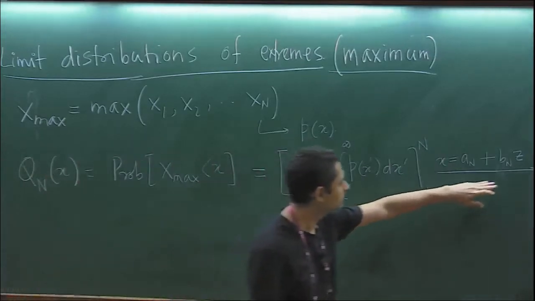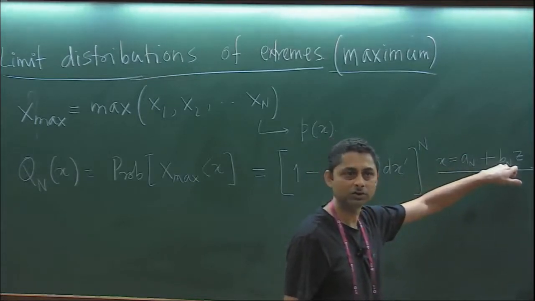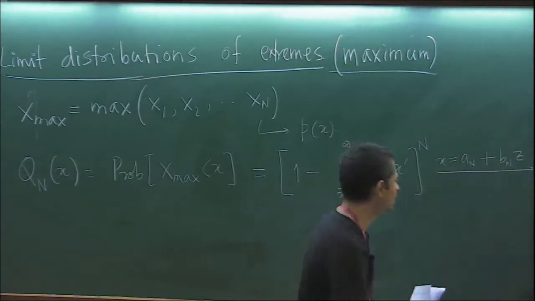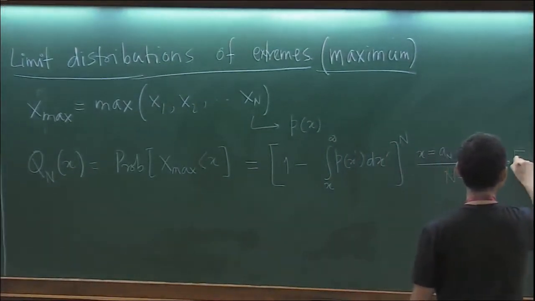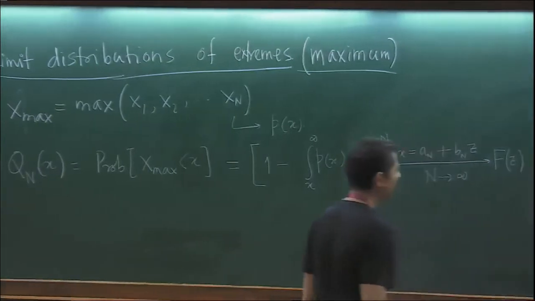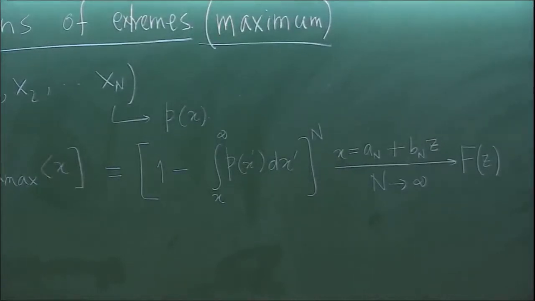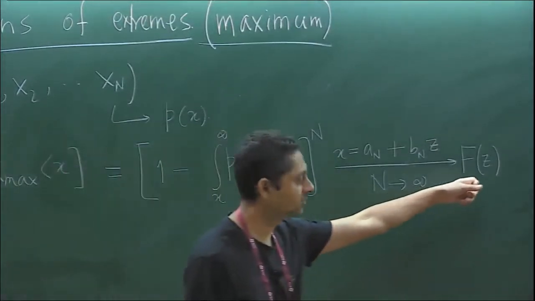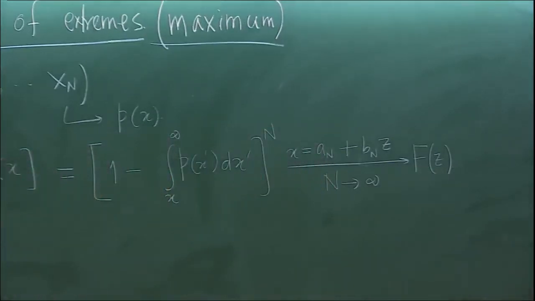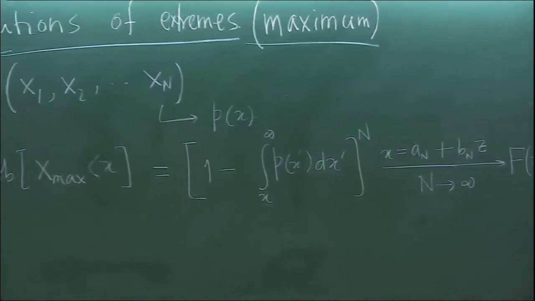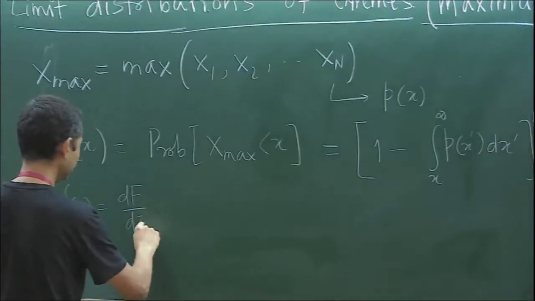So there is a shift and then some typical fluctuations times this random variable z. So in the limit n going to infinity, whether it approaches some n independent form, right? Whether such a form exists. If this form exists, then this is called a limit distribution. Okay, so this is a limit cumulative distribution. Similarly, you will have a limiting PDF, which will be just df by dz.